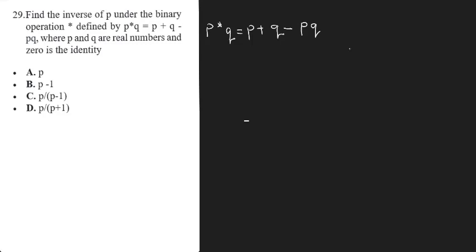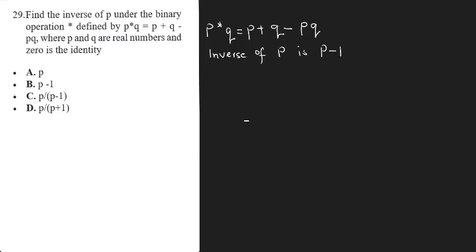So now we're going to say the inverse of P is P minus 1. So this is the inverse of P, right? And remember that when we talk of identity, we equate it to 0 after taking the inverse.